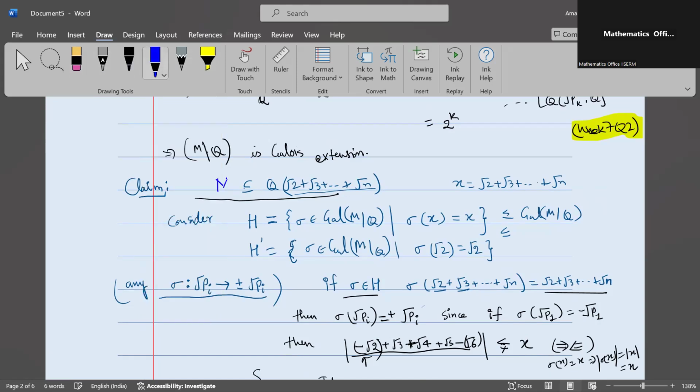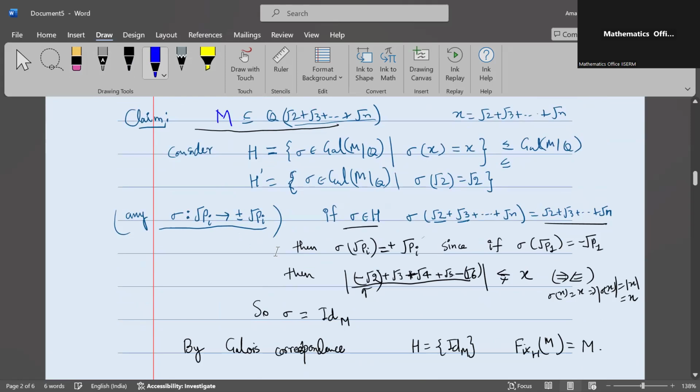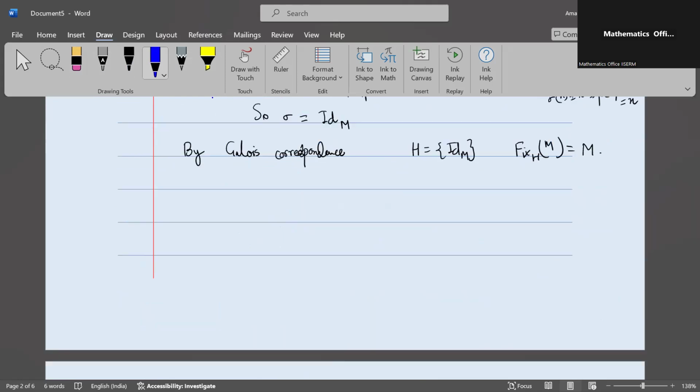The whole M is contained here because any automorphism which fixes Q root 2, H is also fixing the subfield of M, which is K. Subfield K of M. So M is equal to K.